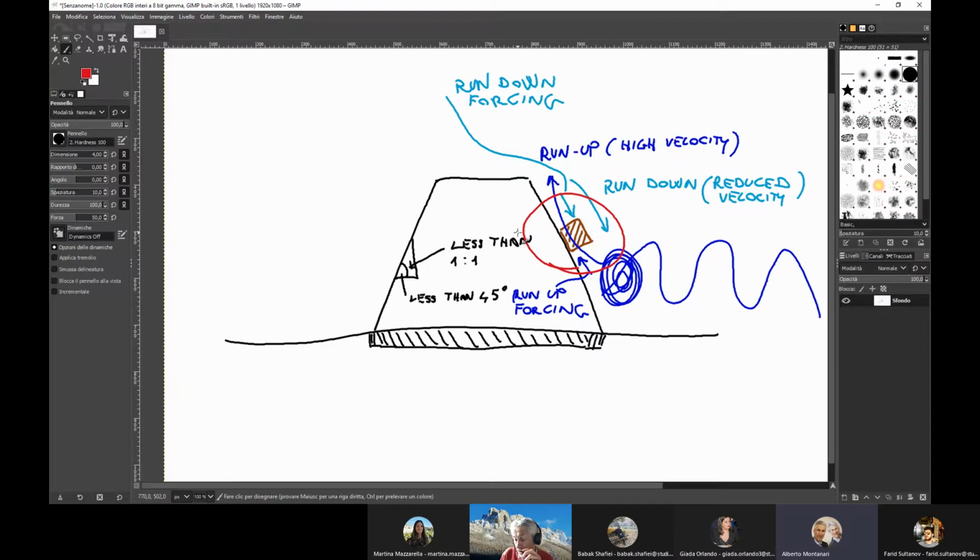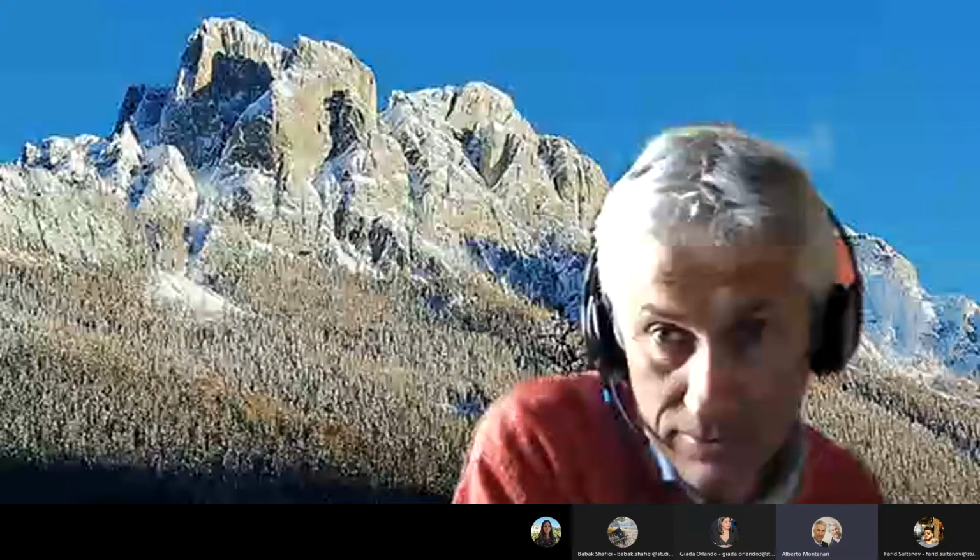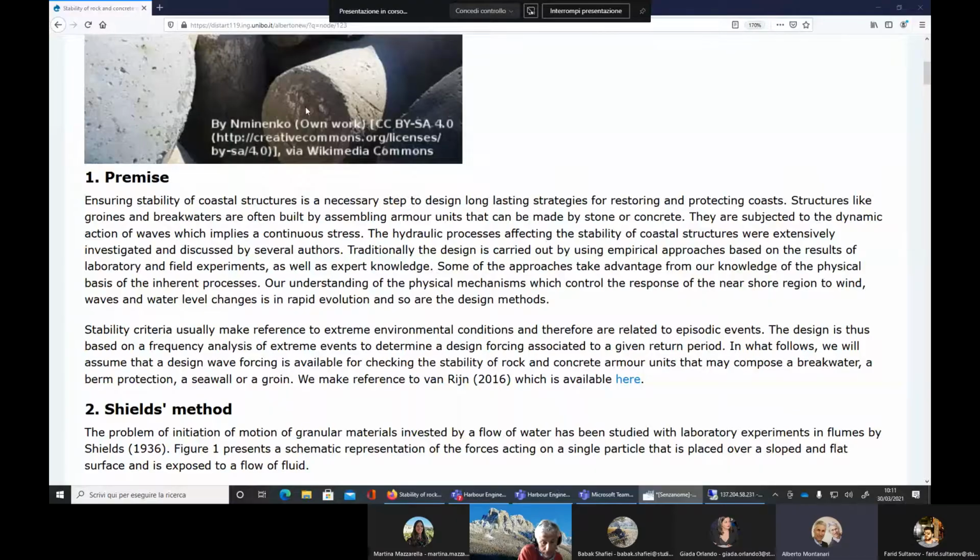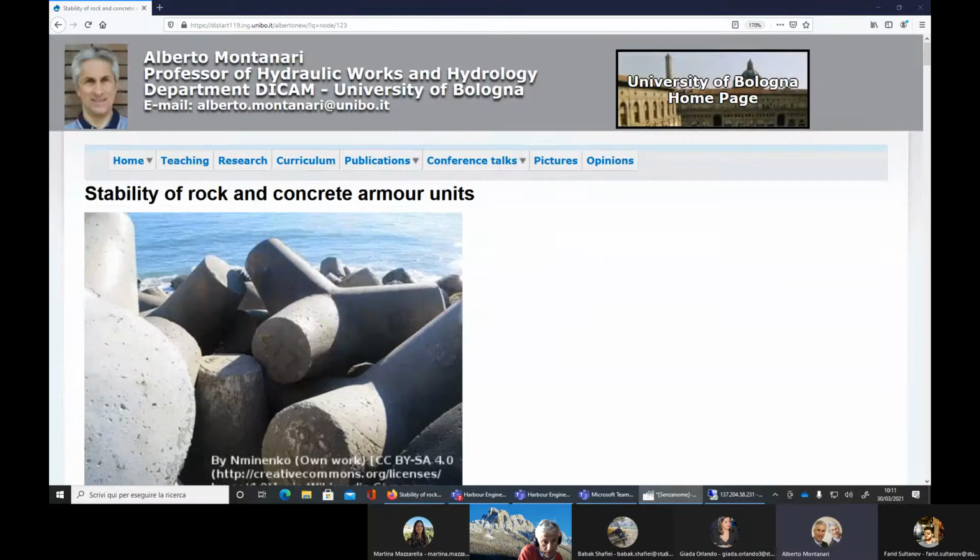You may say that this is a very simple scheme, which is not realistic, because actually units are not isolated. What do I mean? If I look at this picture, one second, because I need to look back at the screen. Okay, good.